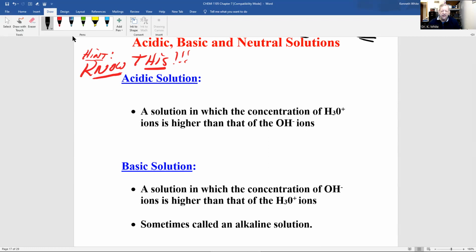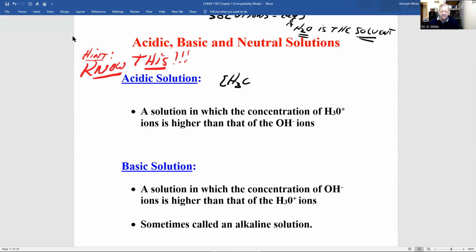What that means is, for an acidic solution, the H3O plus concentration is greater than, this means, if you don't know, that's the greater than symbol for math, and you can use it obviously in chemistry.